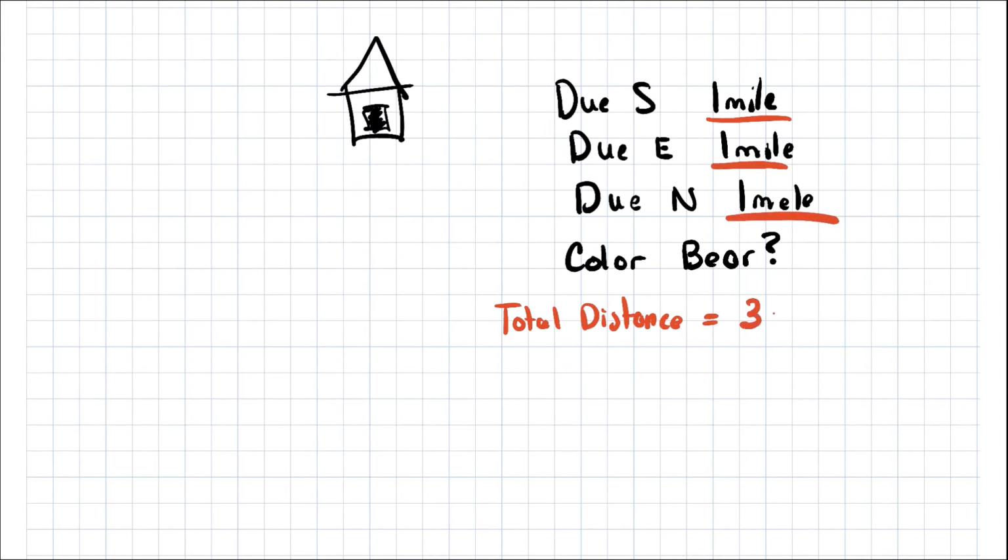So this person will have walked a distance of 3 miles. Now notice, I just said that they walked a total of 3 miles. See, distance is a scalar quantity, and we don't put a direction on it. It's just a total, grand total distance, 3 miles. All right. Now, if we look at the displacement, that's a little different. Okay.